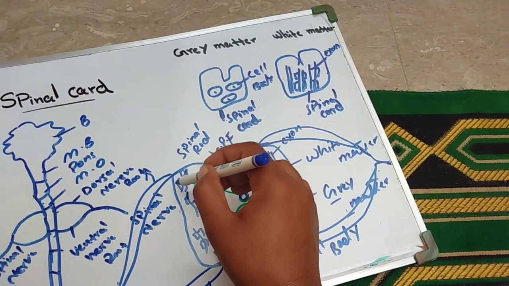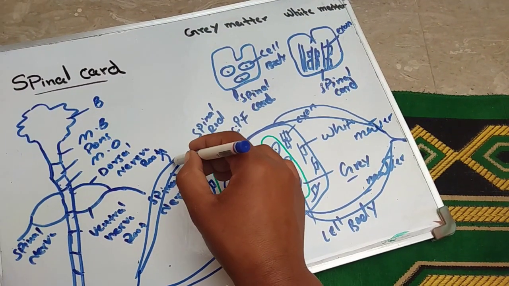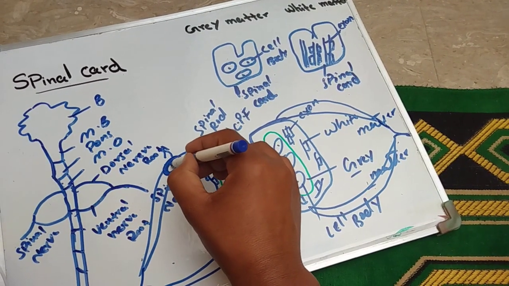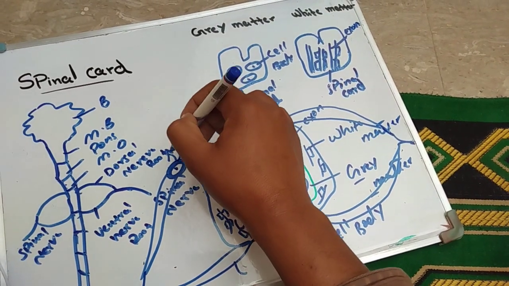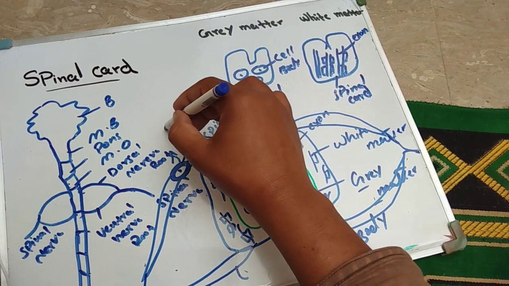If cell bodies are present inside the dorsal nerve root, we name this the dorsal root ganglia.